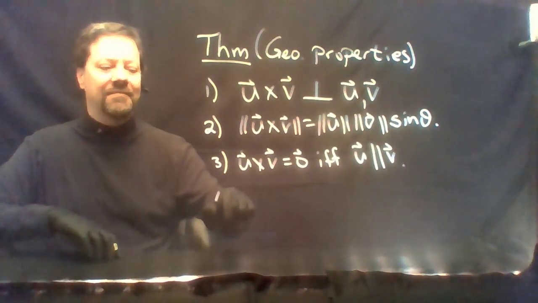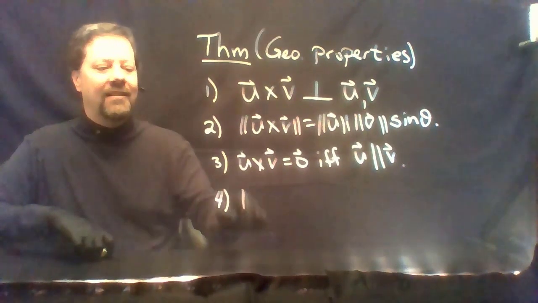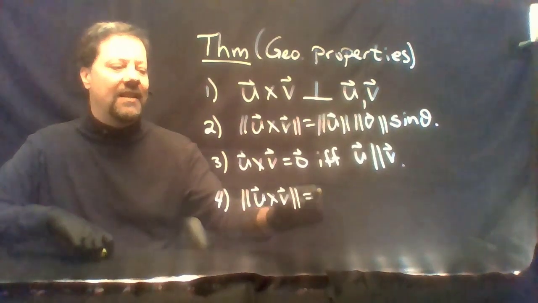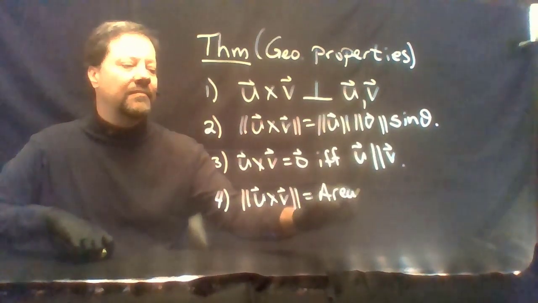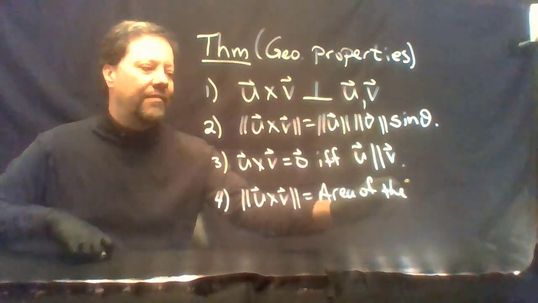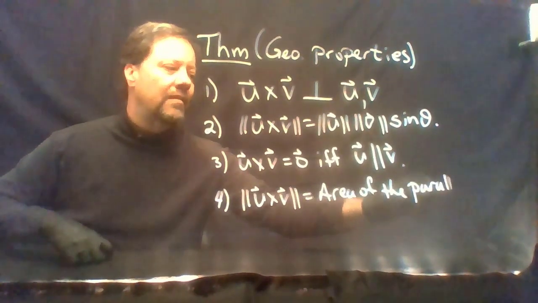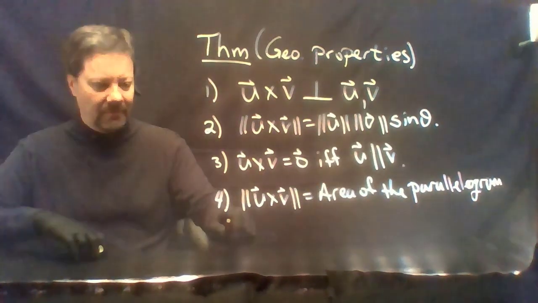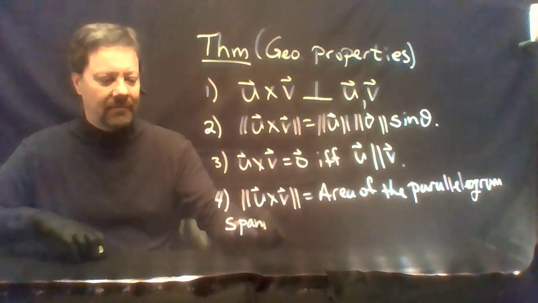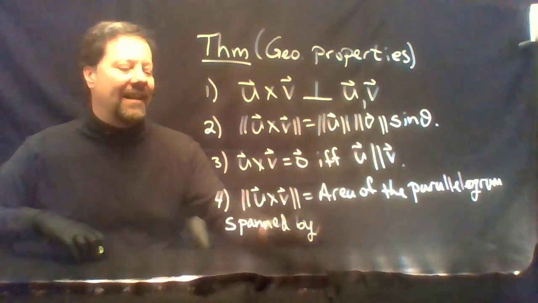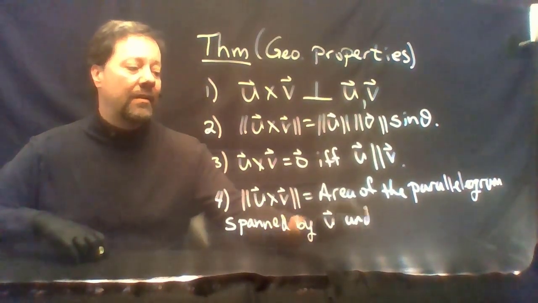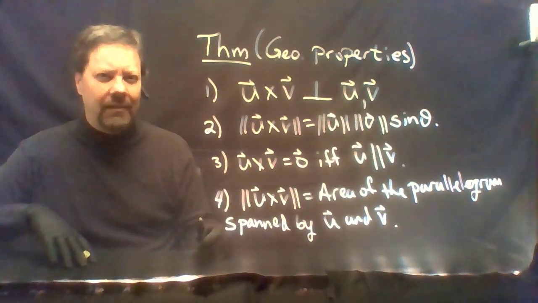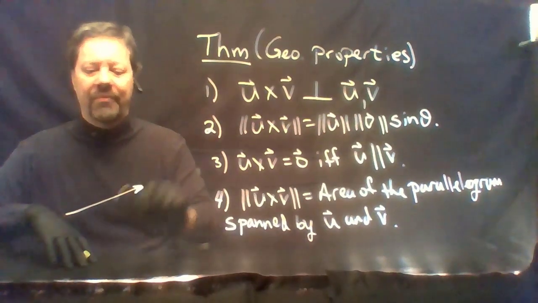If and only if. Fourth, the magnitude of the cross product, its norm, is equal to the area of the parallelogram spanned by U and V.